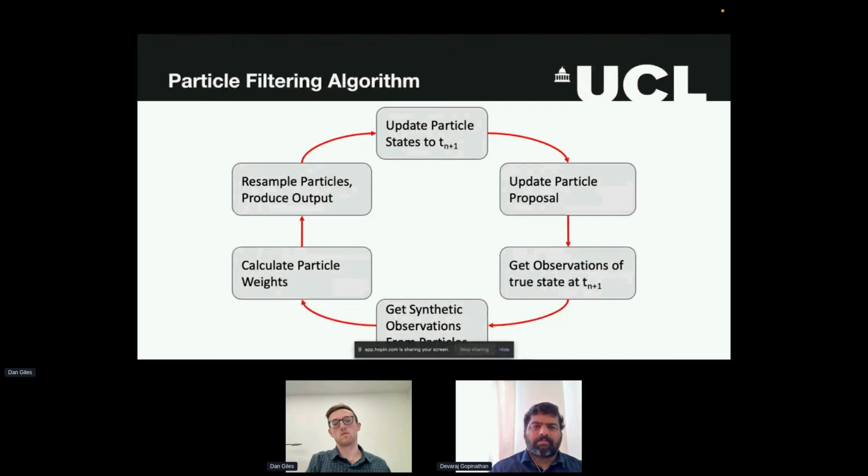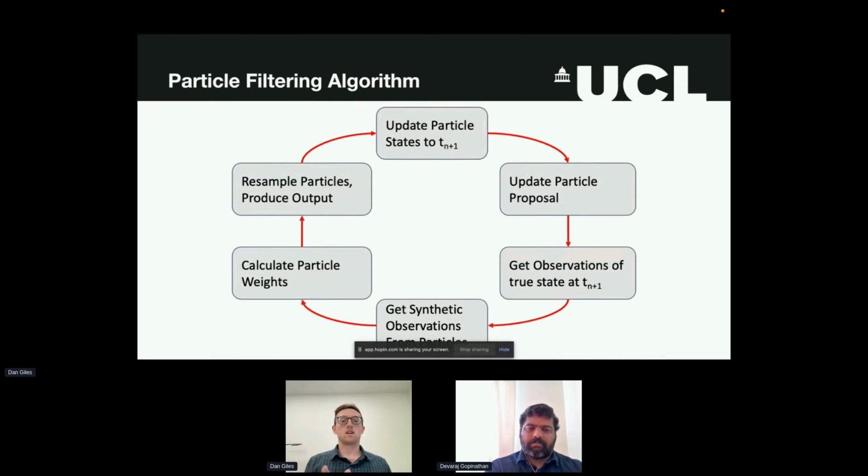In numerical weather prediction, this is coming from your actual observations of the atmosphere, whereas in some of the numerical experiments we've been running, they're coming from what we denote as our ground truth model. So we observe the ground truth model at discrete points within the domain. You then get the associated synthetic observation from the particles at the exact same locations.